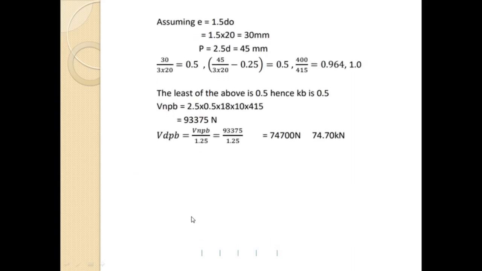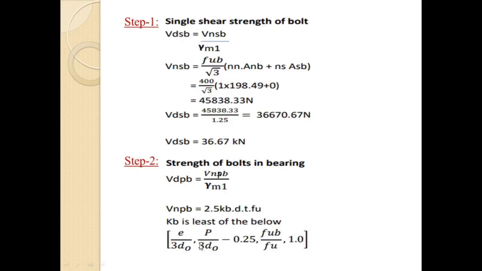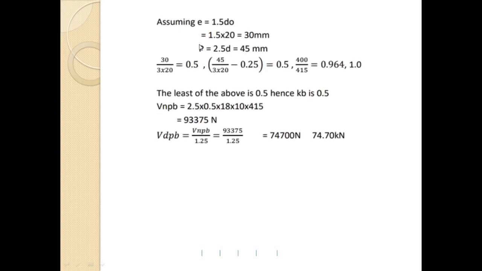Not bolt, ultimate strength of plate. So firstly we have to calculate the KB. For calculating KB, we should know the E and P, that is edge distance or end distance, and pitch distance. So we know the minimum value of end and pitch distance. Assuming the edge distance, we are taking the machine cut edge. So E is equal to 1.5 D0.